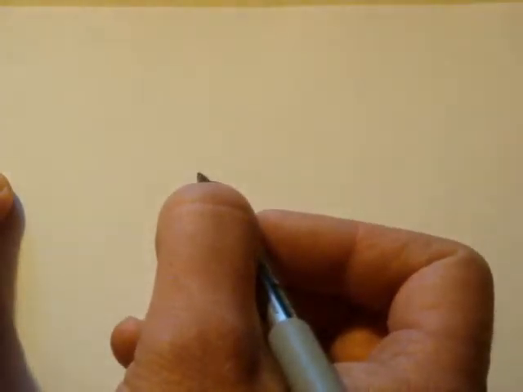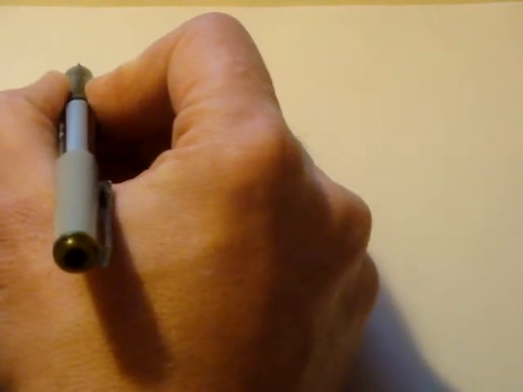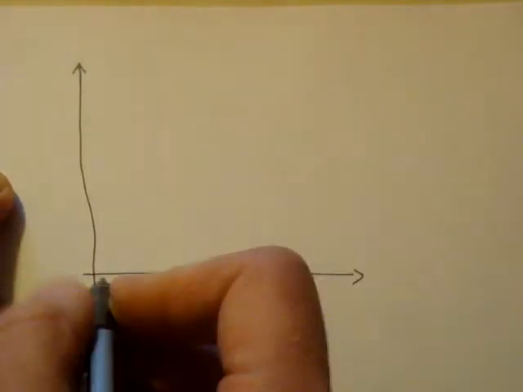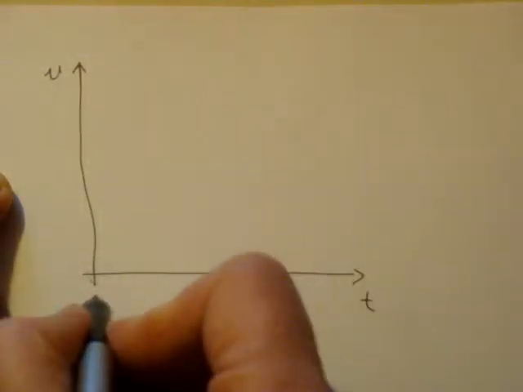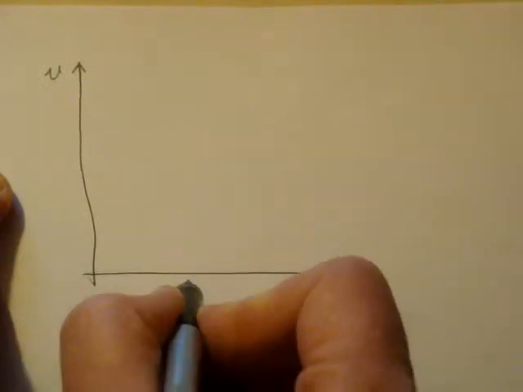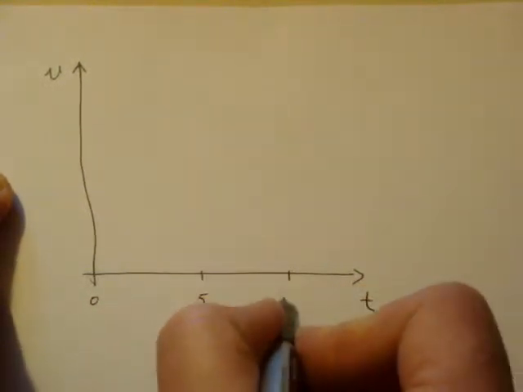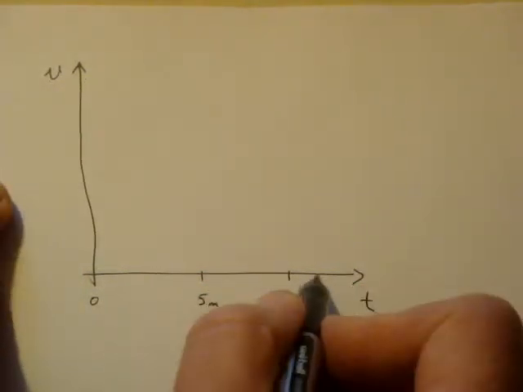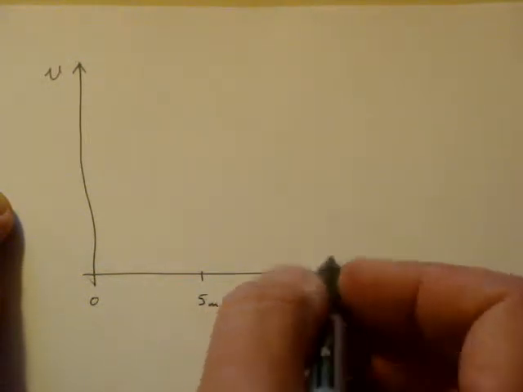Because it's giving me information about the velocity, I'm going to start by sketching that out. So here is the velocity of this person with respect to time, and from 0 to 5 minutes there is none, and then from 5 minutes to 10 minutes it is some positive 2.2 meters per second.